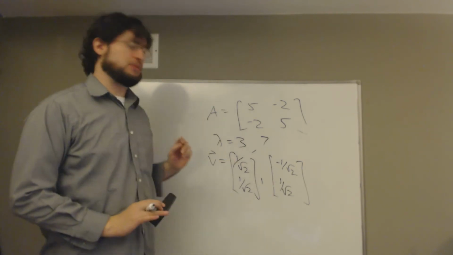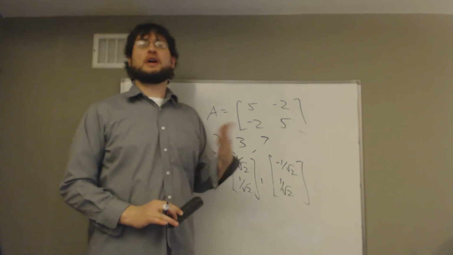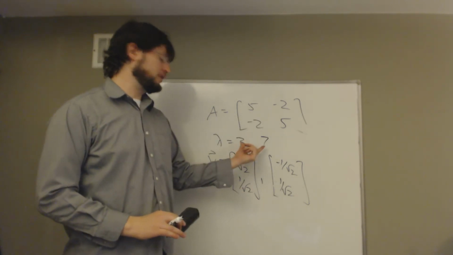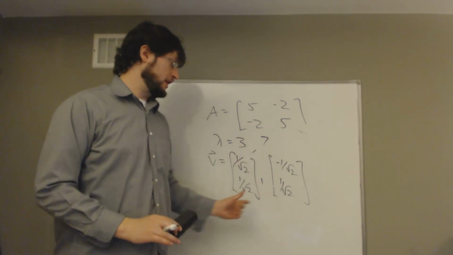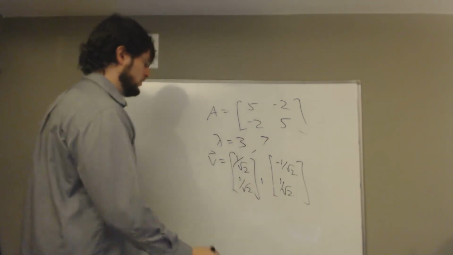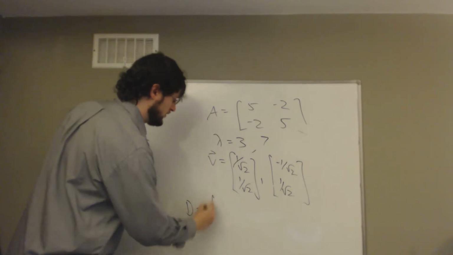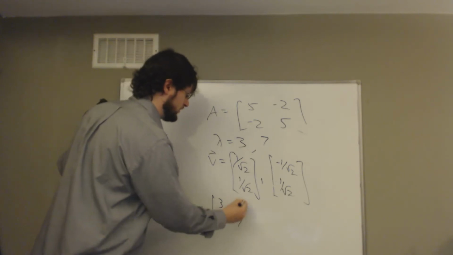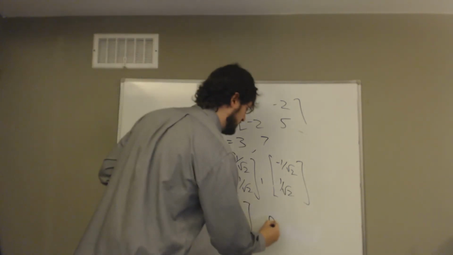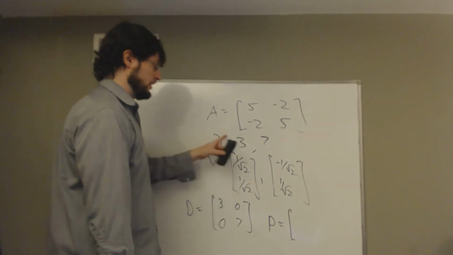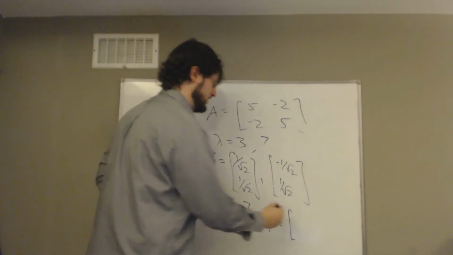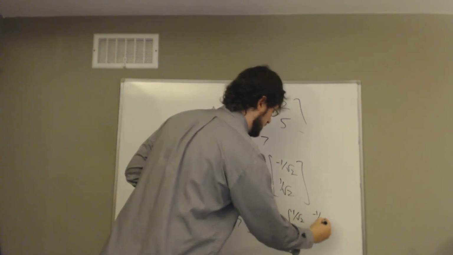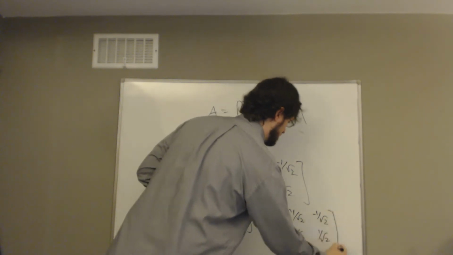So now we've gotten through step 3 of our process to orthogonally diagonalize this matrix. We found the eigenvalues, we found the corresponding eigenvectors, and we normalized them to unit vectors, which means that D is the matrix with 3 and 7 on the diagonal, 0 elsewhere, and P is the matrix that comes from writing the eigenvectors in the same order: 1 over root 2, 1 over root 2, minus 1 over root 2, 1 over root 2.